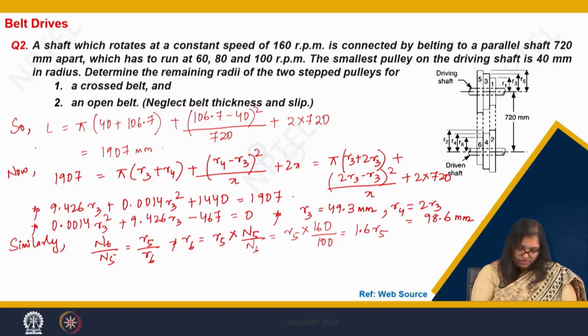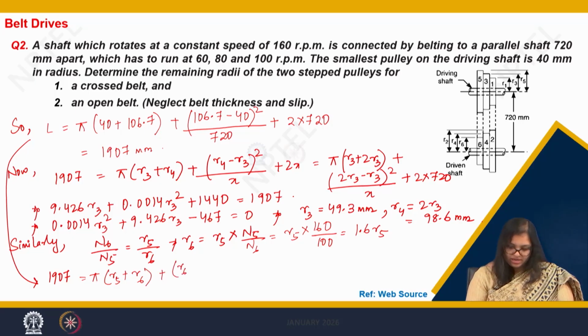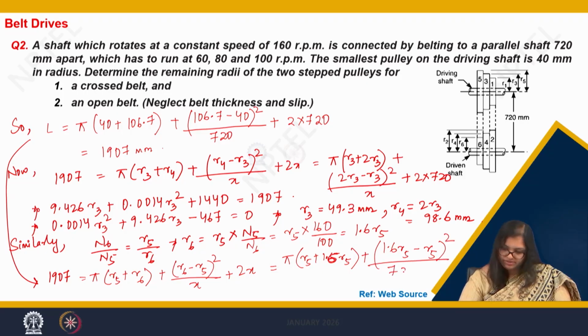The same equation we put here: 1907 is equal to pi times R5 plus R6, plus R6 minus R5 square by x, plus 2x, which can be written as pi times R5 plus 1.6 R5, plus 1.6 R5 minus R5 square by 720, plus 2 into 720.